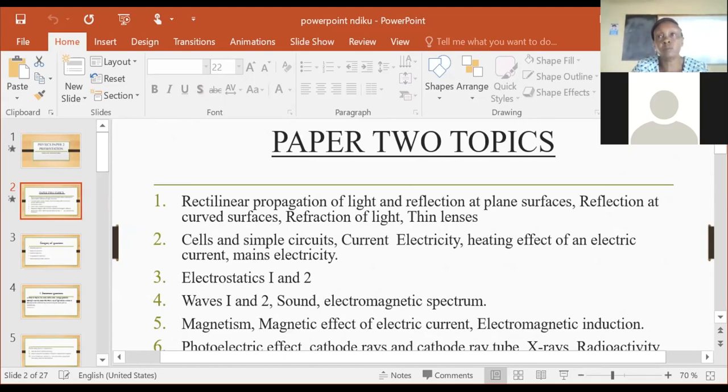Photoelectric effect Form 4, cathode rays and cathode ray tubes, that is also Form 4. X-rays, radioactivity, and electronics Form 4. So those are the topics which are tested in paper 2. As you revise for paper 2, you should make sure you revise on these particular topics. The rest are in paper 1.